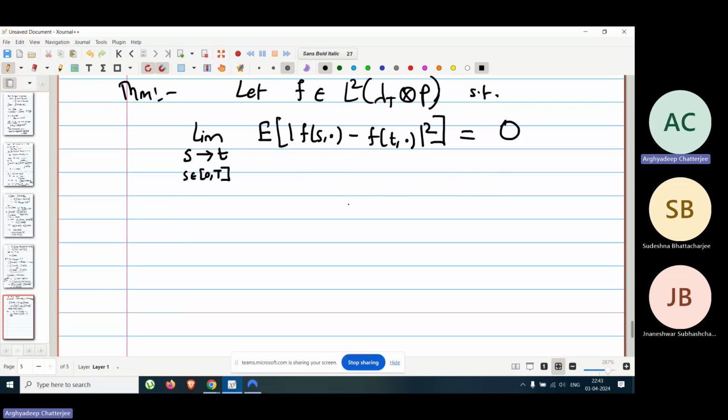This property is what is known as mean squared continuity.